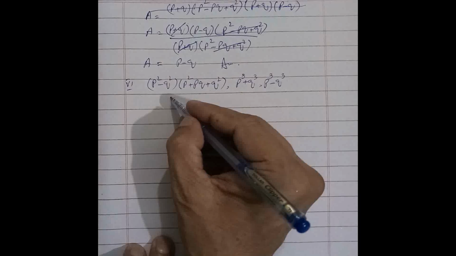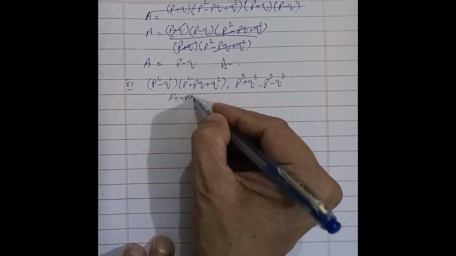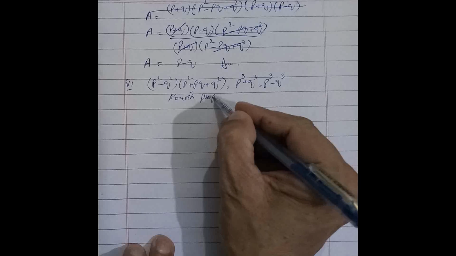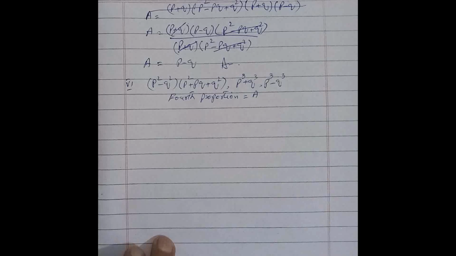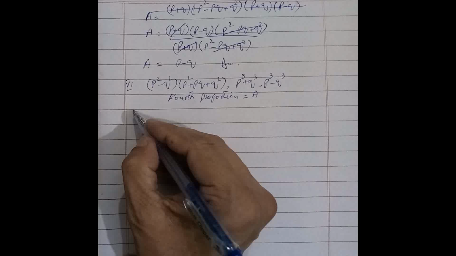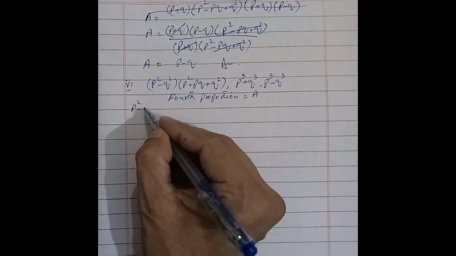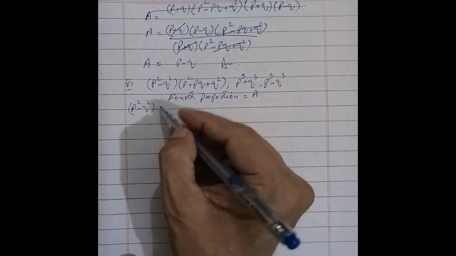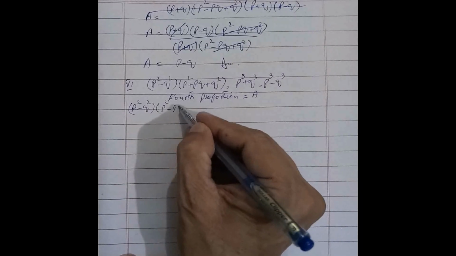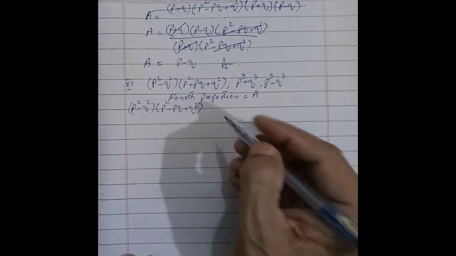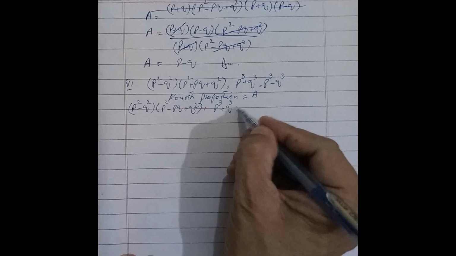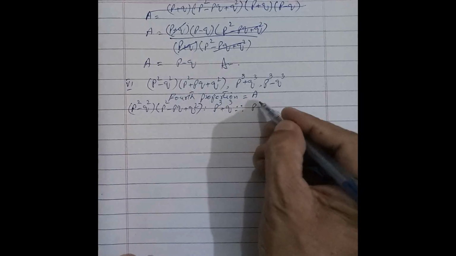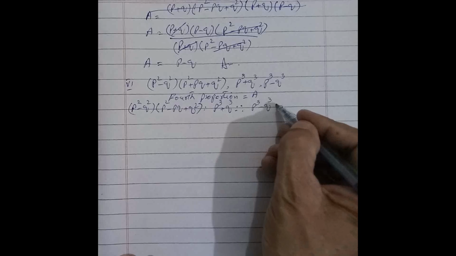Here the fourth proportion is equal to A. So we write the values in proportion, that are P2 minus Q2 into P square minus PQ plus Q square ratio P3 plus Q3 proportion P3 minus Q3 ratio A.